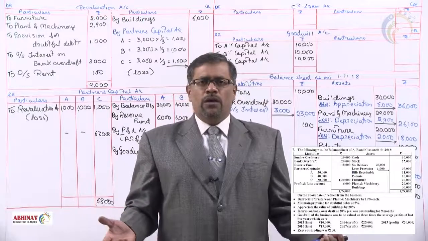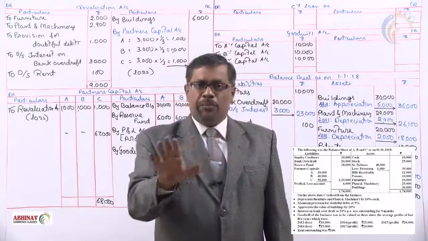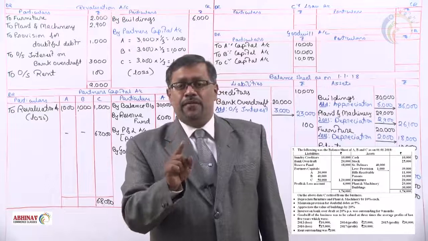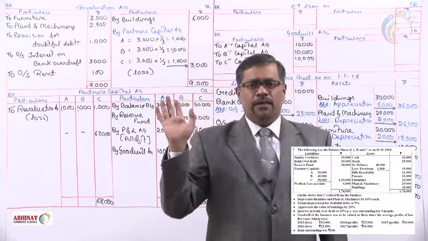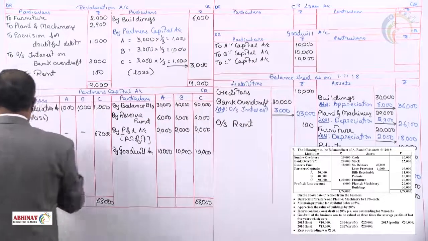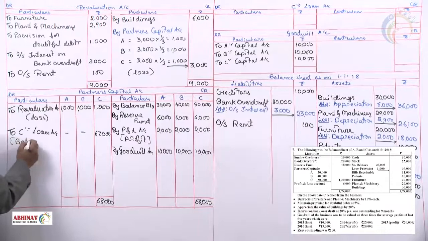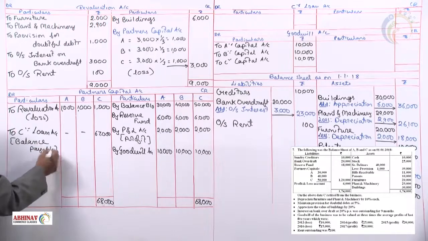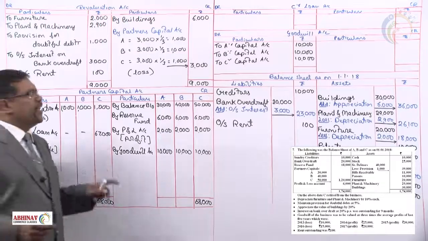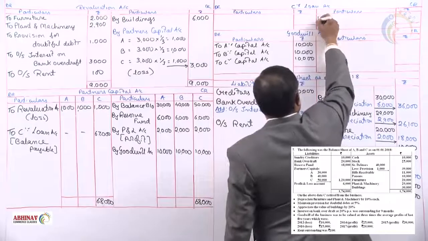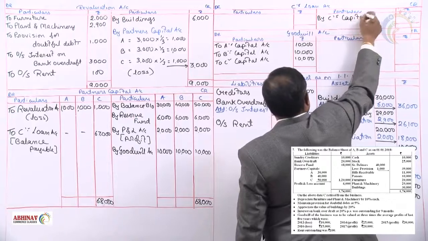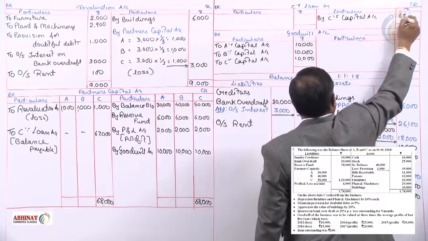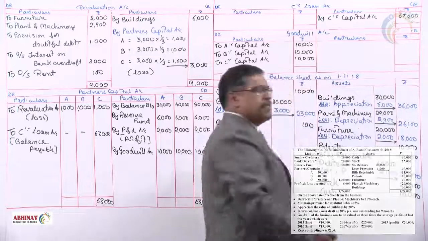No. We have to pay him 67,000. It is not mentioned that the cash is paid. That means that 67,000 the partnership business still has to pay to C. We'll show that as C's loan account, balance payable. Transfer this immediately to C's loan account on the credit side, by C's capital account. That is the amount we have to pay, 67,000.